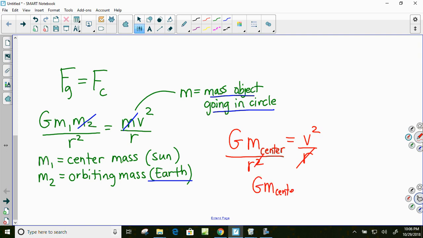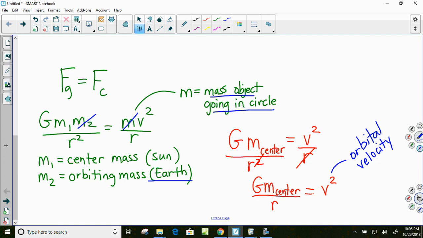So it turns out that big G times the mass of the big mass, or the center, over the orbital radius is equal to v squared. And we call that the orbital velocity, which is really an orbital speed, since we're not really talking about the direction.